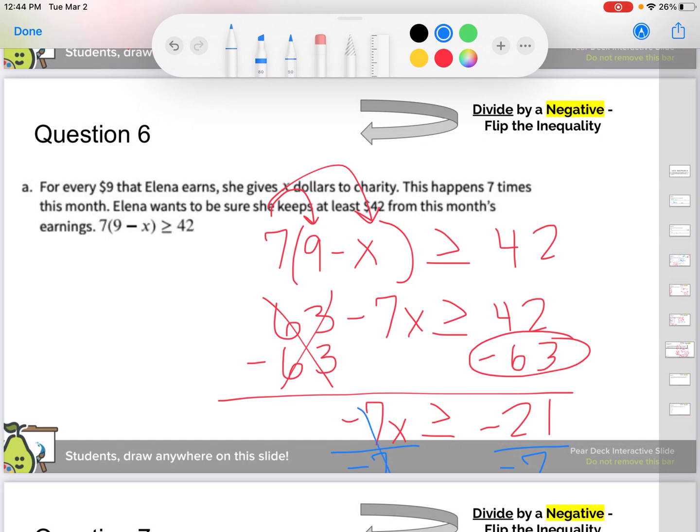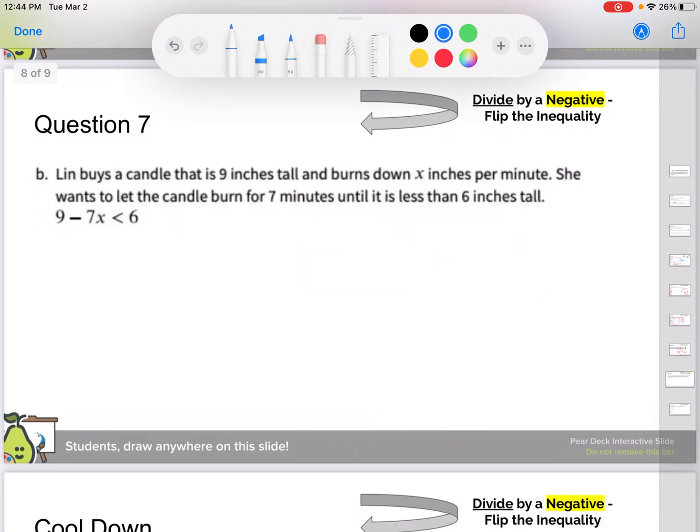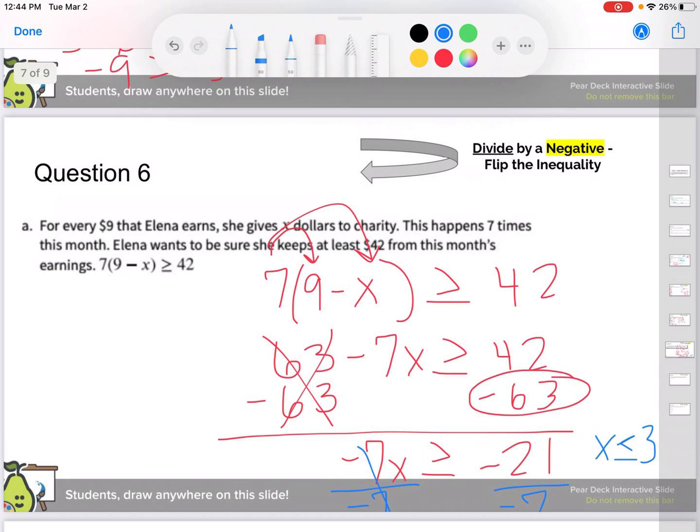So that means that x is going to be less than or equal to 3. So x has to be less than or equal to 3 so that this works out.